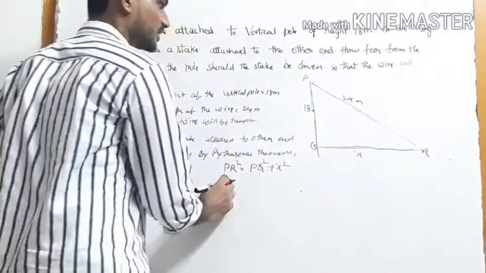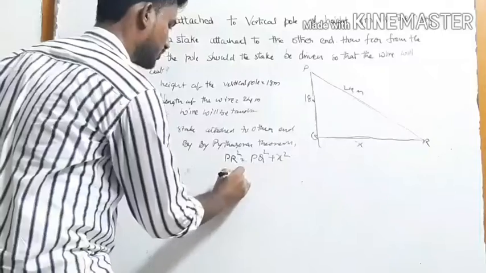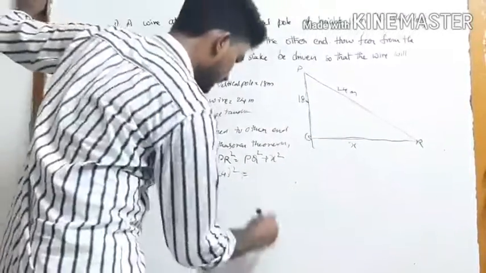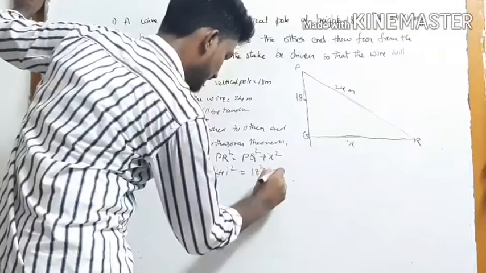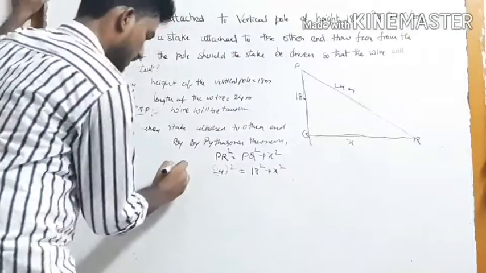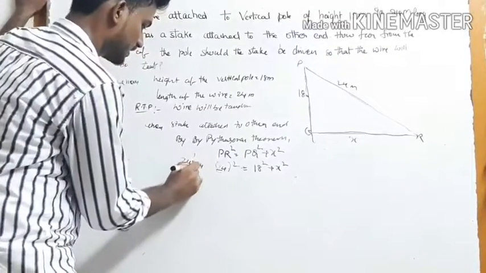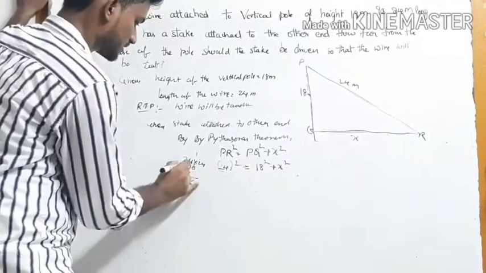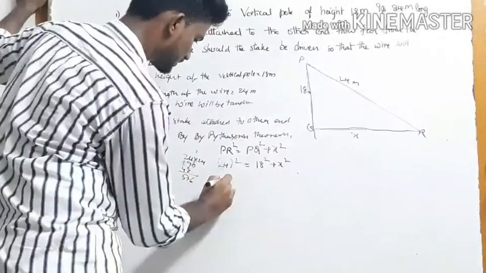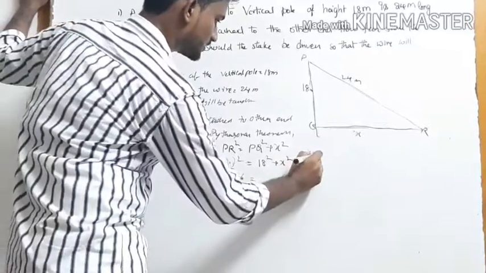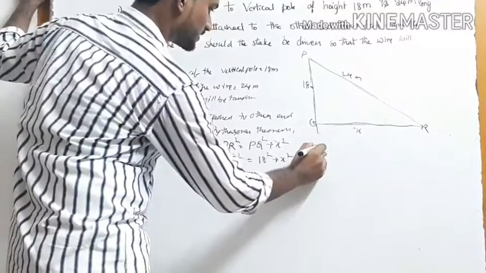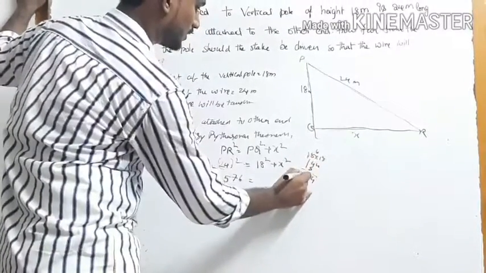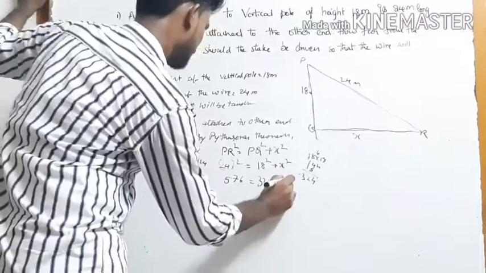Then PR, that is 24, whole square equals PQ, which is 18, square plus x square. 24 square, that is 24 into 24, is 576. 18 square, that is 18 into 18, is 324, plus x square.